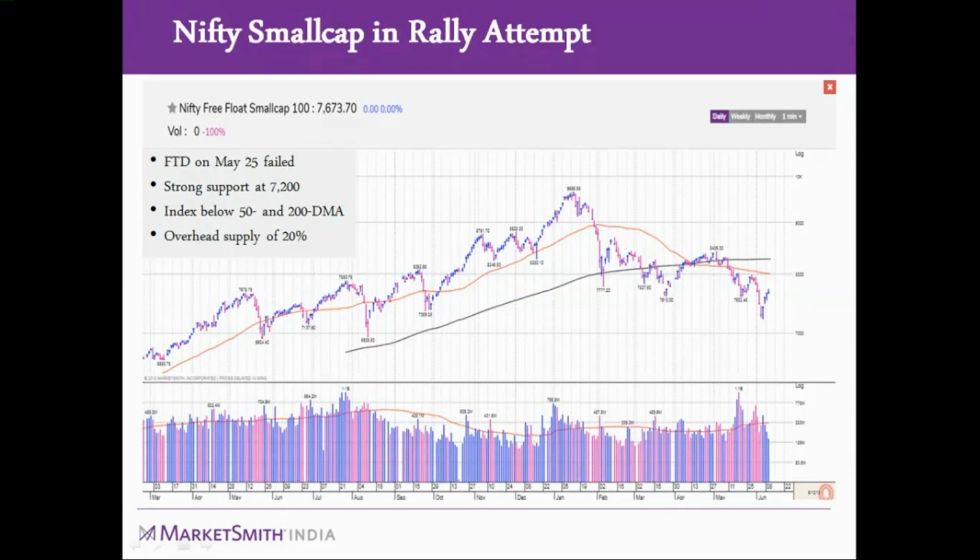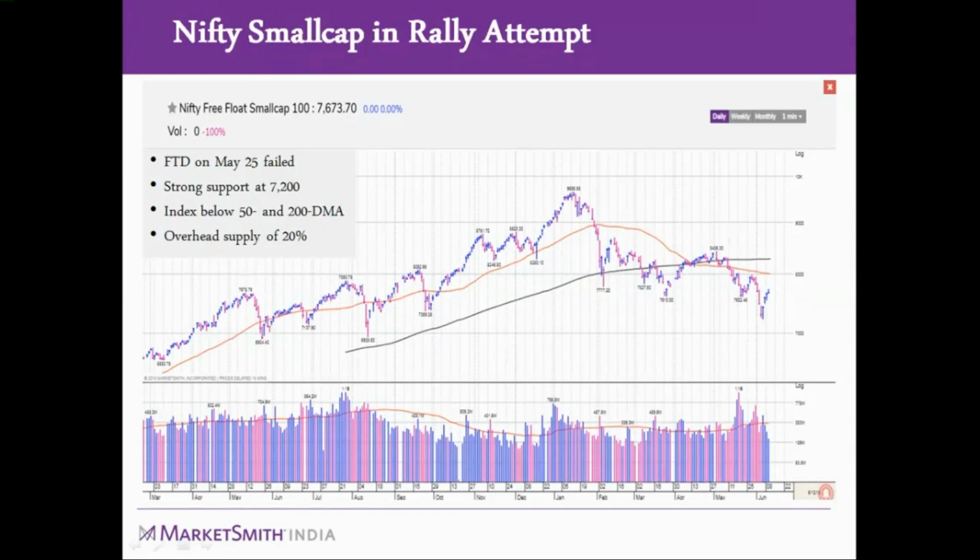So again, it has kind of established a bottom, and it has found support at the 7,200 levels. Also, the 52-week low of 6,900 is something which most investors are looking at. So from the daily chart, it looks like it has some good support over that level.